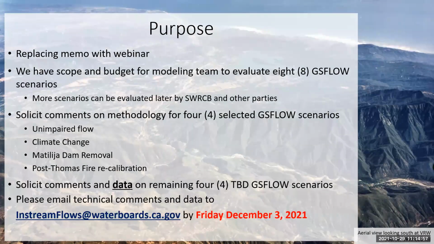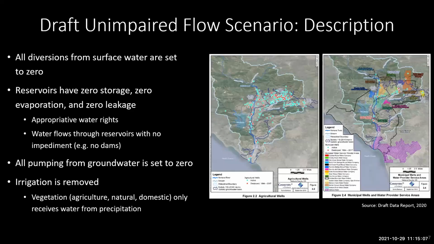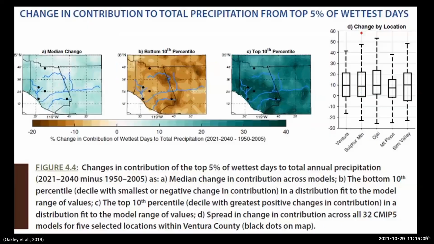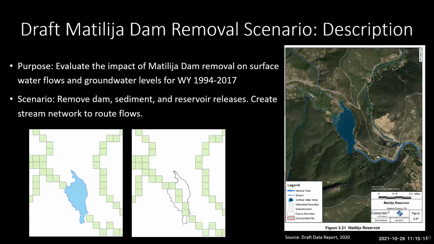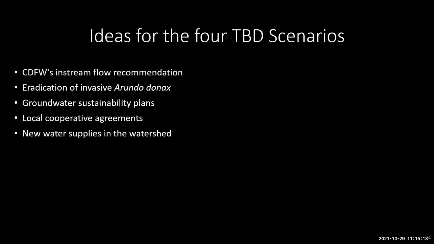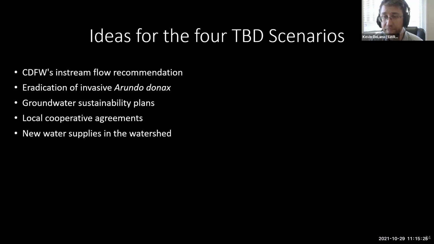I think we're interested in input on any of these 8, but these 4 to-be-determined scenarios are ones that we really want to get feedback on, what would be good scenarios to run. So if you could just run through the 4 that we are planning on running, and then the ideas for other ones. Sure. Yeah, I can do that.